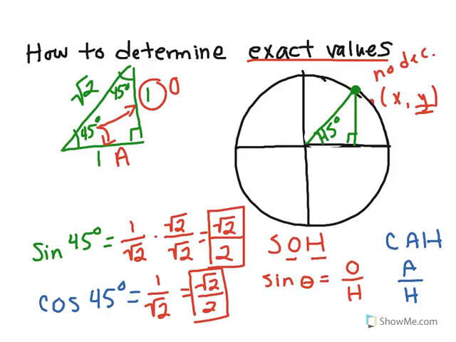And that's very interesting that both of those trig functions have the same exact x and y value as each other. But if you look at this picture, this point in red is exactly halfway between 0 and 90 degrees. So it would kind of make sense that they would have the same exact coordinates. So that's how we determine exact values.